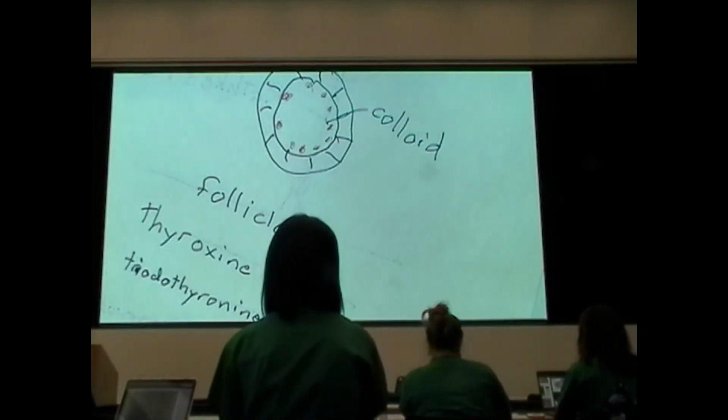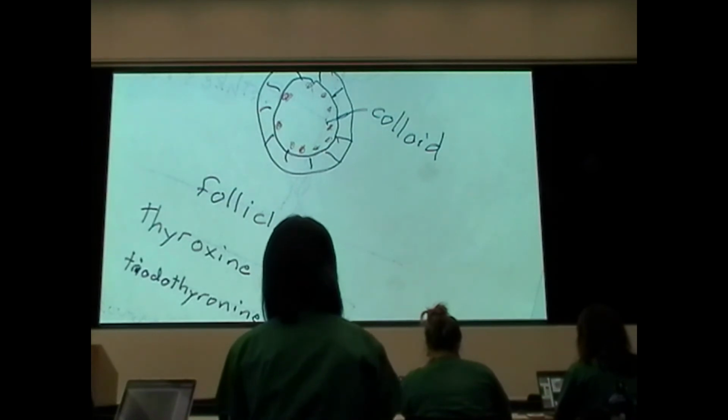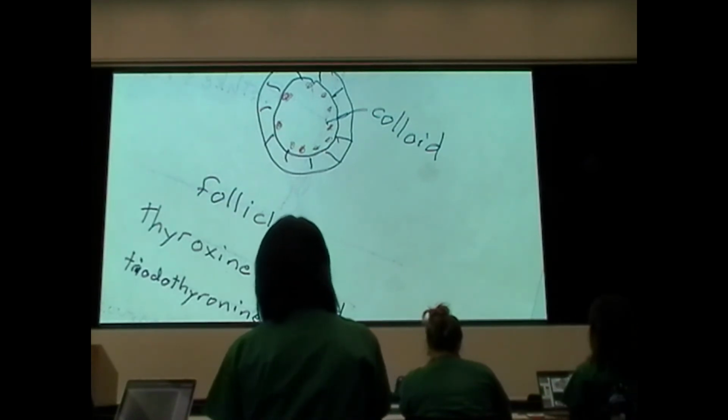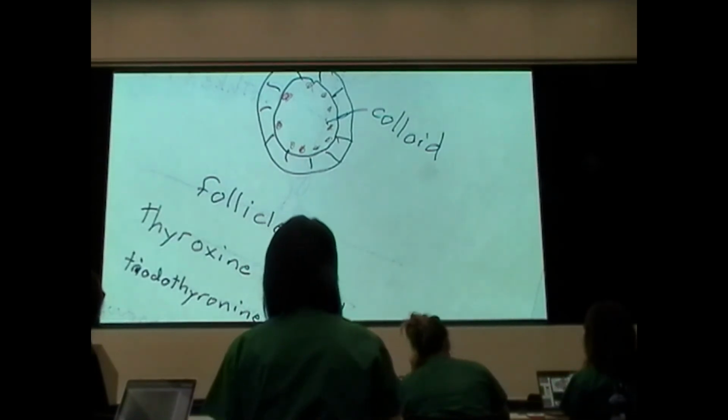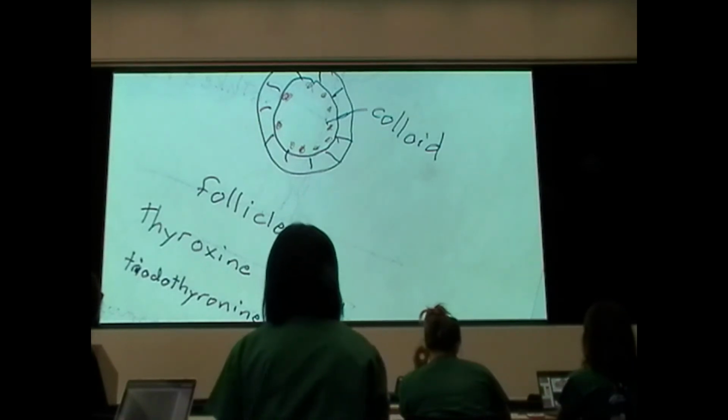For short, thyroxine is called T4, and triiodothyronine is T3. Both of them, T4 and T3, are thyroid hormones.